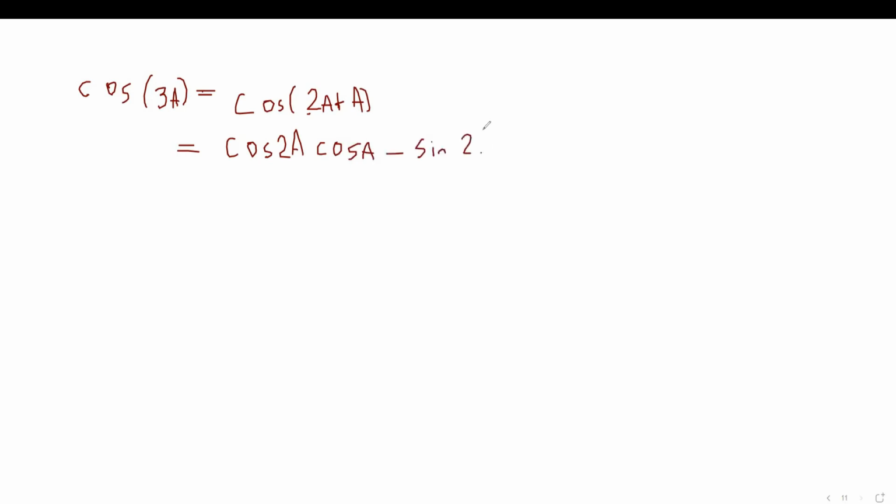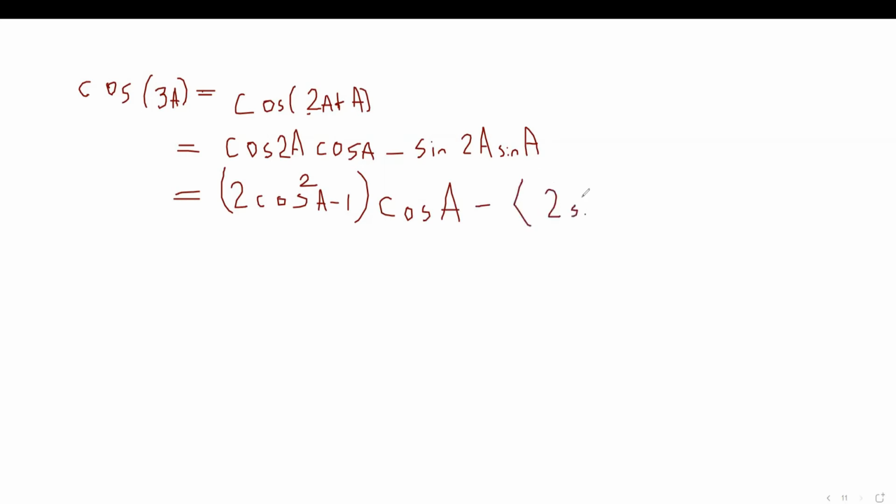Since everything needs to be in terms of cos, we know we're going to have to exchange sine for cos. So first, for cos 2a, you're going to use the identity 2 cos square a minus 1, and this is all being multiplied by cos a. And then we minus sine 2a. Remember this identity is 2 sine a cos a, but then it is being multiplied by the sine of a.